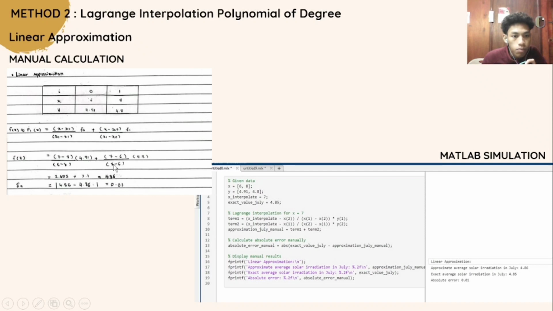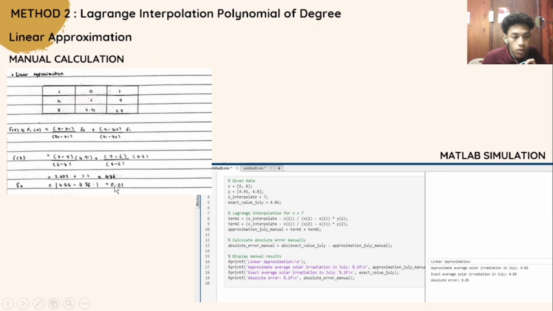Then we plus the second equation, 7 minus x0 divided by x1 minus x0, multiplied by y1, 4.8. For the first equation, we got 2.455, and we add 2.4, so the answer is 4.86.